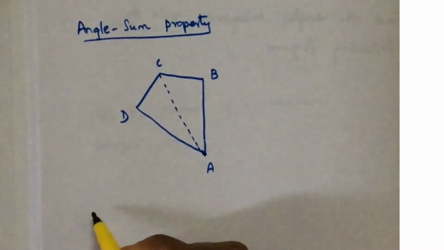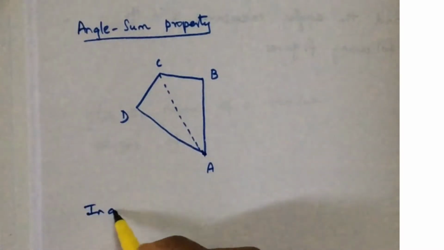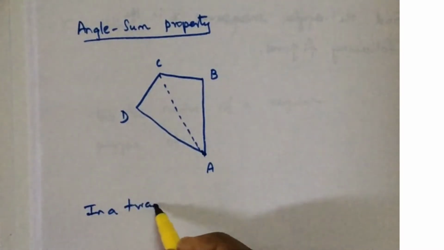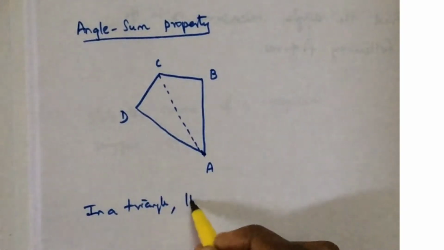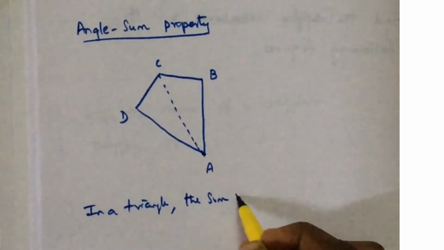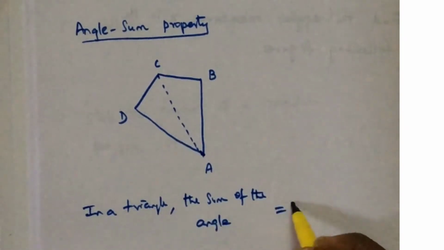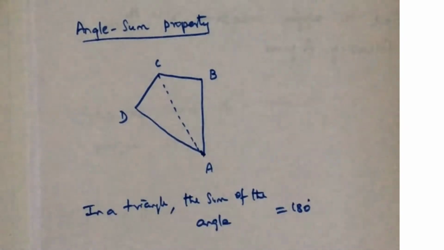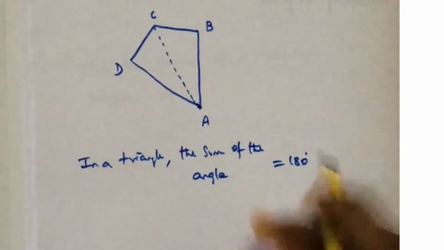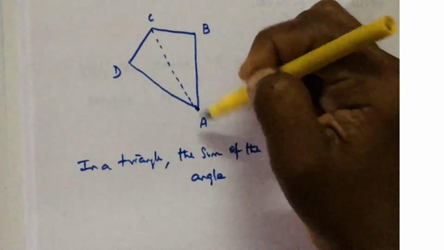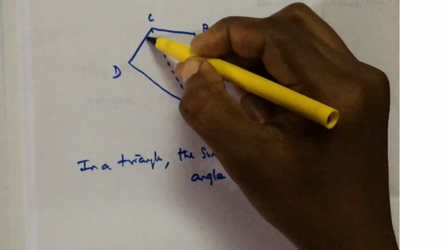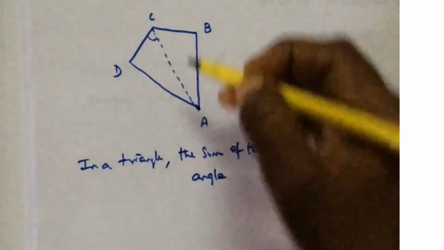We know that in a triangle the sum of the angles is 180 degrees.